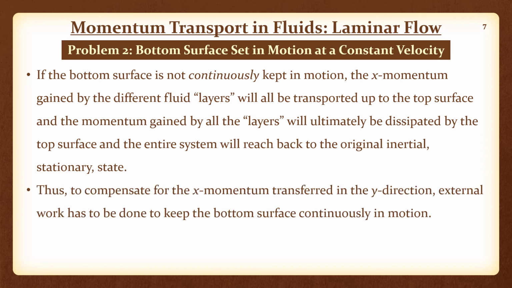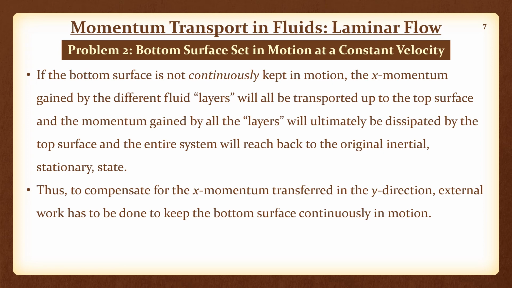Thus, to compensate for the x momentum transferred in the y direction, we have to continuously keep doing external work. In other words, the bottom surface has to be kept continuously in motion. That is when you can establish a steady velocity profile, where the bottom layer of fluid particles moves at the same constant velocity as the bottom surface, and the top layer of the fluid, which is adhering to, wetting the top surface, remains stationary because the top surface is stationary.